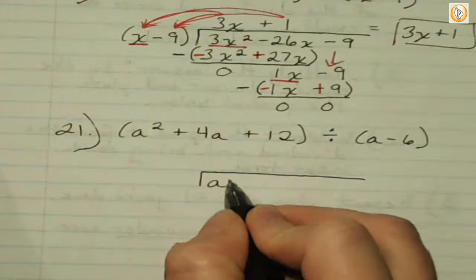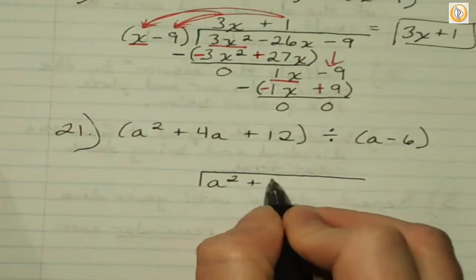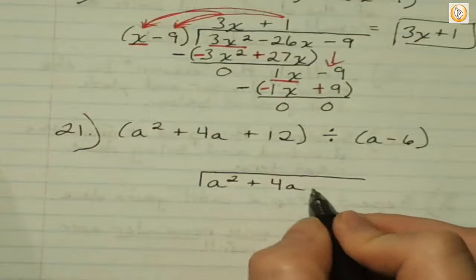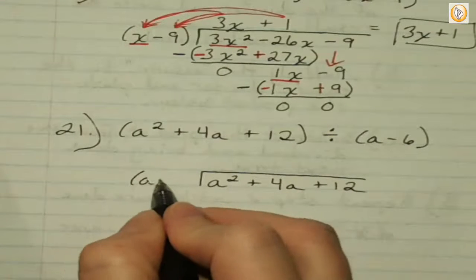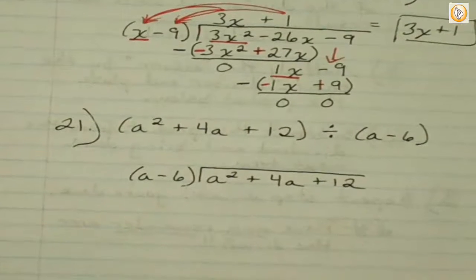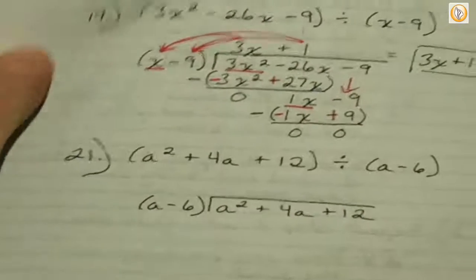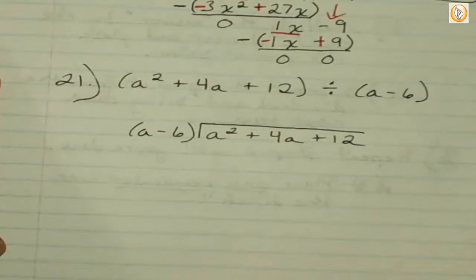Alright, so this goes into the house. And I forgot to check before to make sure it's in descending order. This is in descending order. Okay, here we go. Gabby, after you have it written down, tell me what's my first step.